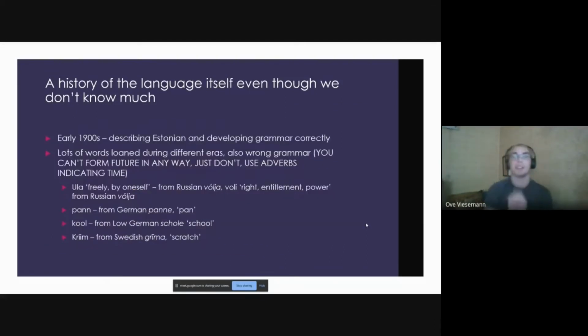Okay, moving on. In the early 1900s, as Estonians had awakened, the scribing of Estonian started and the correct grammar was developed. And during all of those times when Estonia was occupied by different nations, different empires, lots of words were loaned and also wrong grammar.